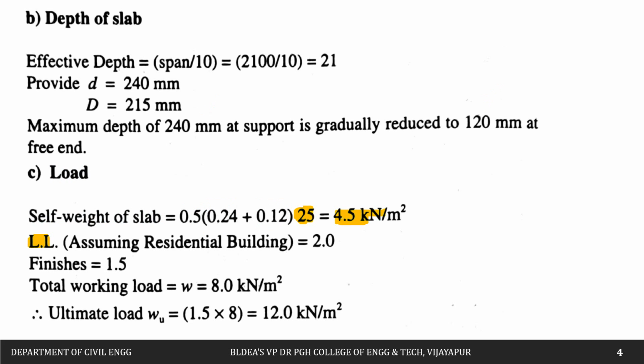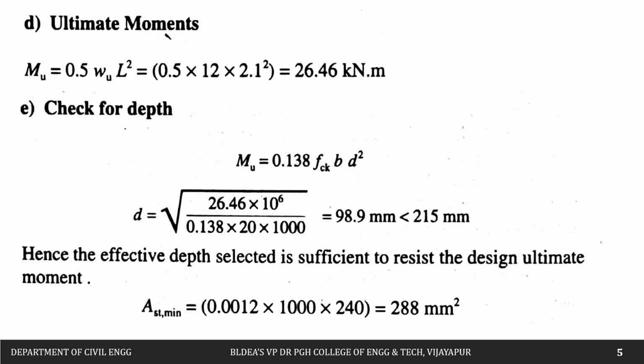Let us assume a live load of 2 kilonewton per meter square and floor finish of 1.5. Adding these three loads, we get the total working load equal to 8 kilonewton per meter square. Therefore the ultimate load will be 1.5 multiplied by 8, which is 12 kilonewton per meter square.